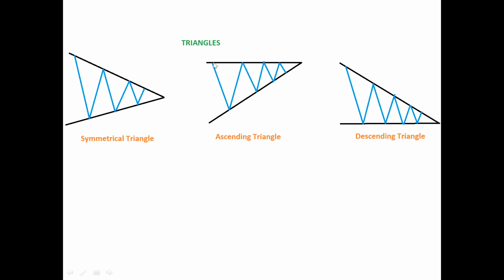So the price is taking resistance on a horizontal line, or this is a resistance line, which is exactly horizontal. So that means these highs are equal, right? When there are equal highs, we get a straight horizontal line, and the lows are higher.